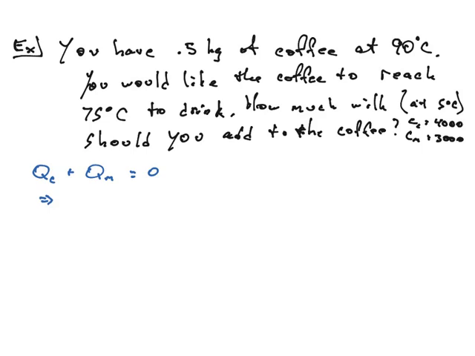For each Q, I have Cm delta T. So I have C for coffee, M for coffee, and I have the final temperature minus the initial temperature of the coffee. And then we have the same for the milk. C for milk, mass of the milk, and then final temperature minus the temperature of the milk equals 0.